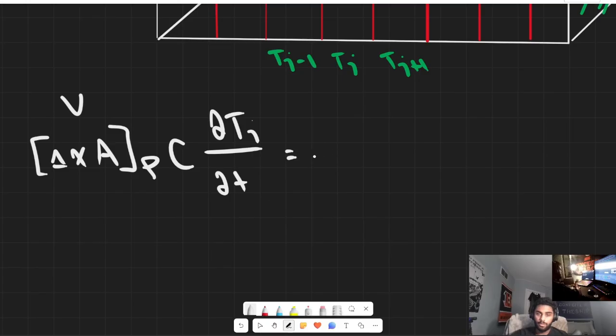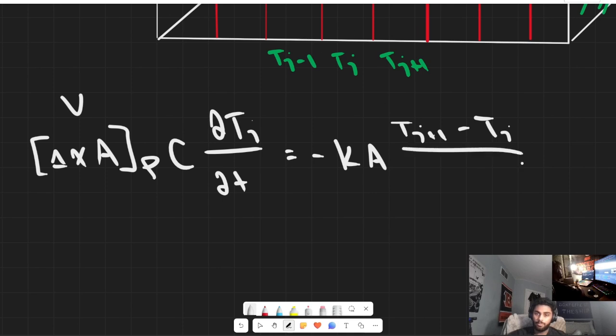So let's go ahead and do that. So minus KA, notice we have cross-sectional area on both of these sides. And let's say that our heat is propagating from the right to the left. So when that happens, we'll have a higher T j plus 1, and we'll calculate that temperature difference by subtracting its neighboring sliver.